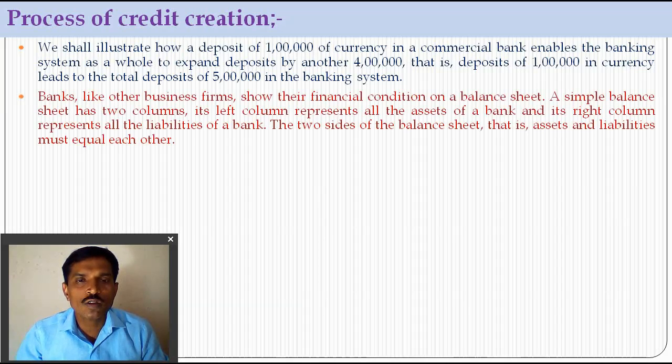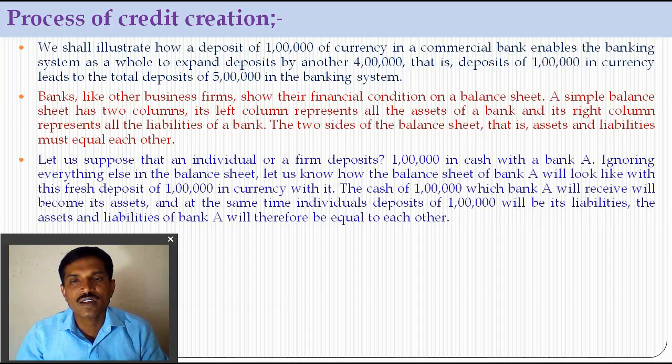The banks, like other business firms, show their financial condition in their balance sheet. In the form of a balance sheet, there are two columns, one the asset side and one the liability side. In the balance sheet, liabilities and assets are equal, and this is how the bank creates multiple money.